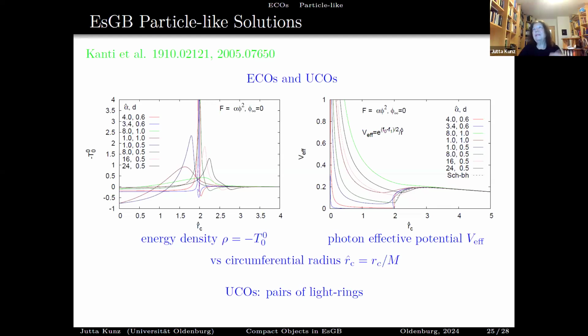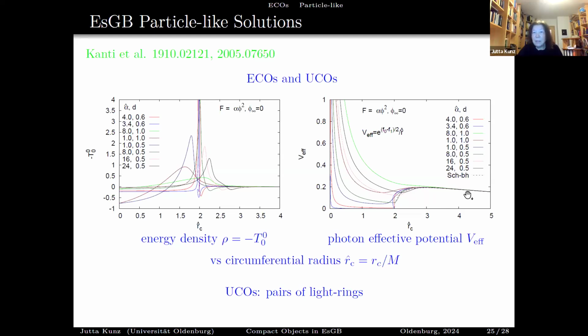And since it's not a black hole, you have either none or you have two. You have an even number of light rings.